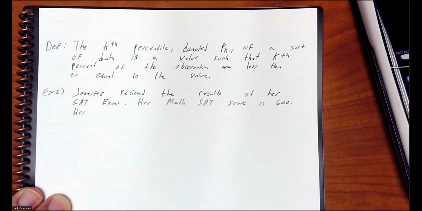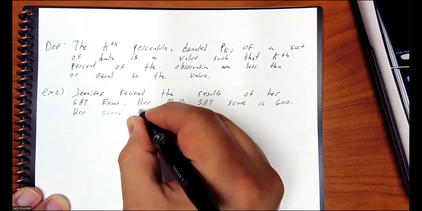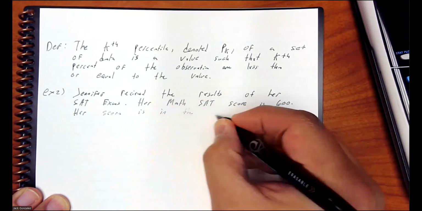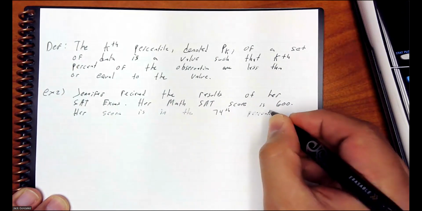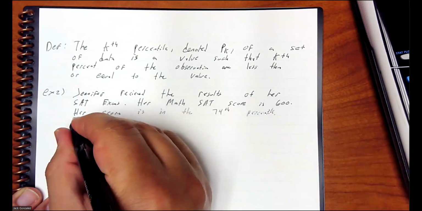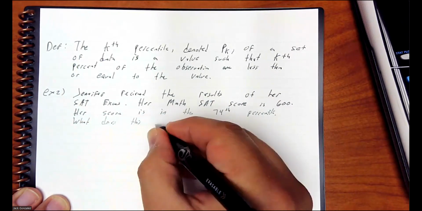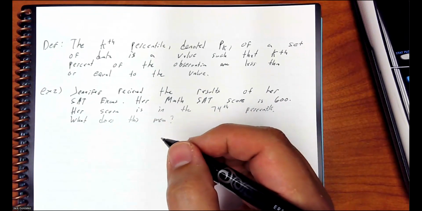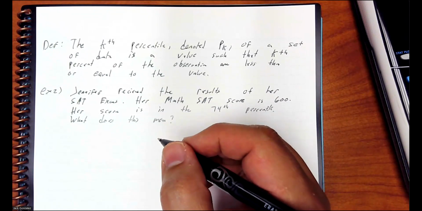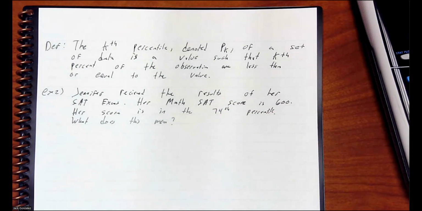Her score is in the 74th percentile. What does this mean? So it's just about interpretation, that's all. Not really a calculation problem.